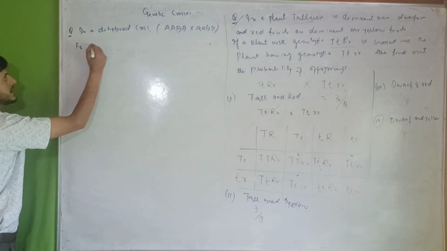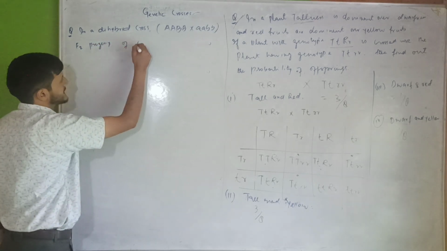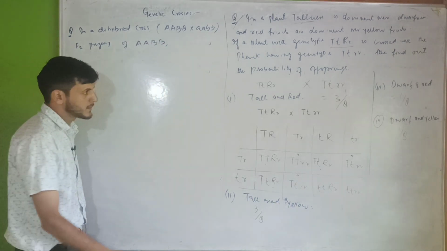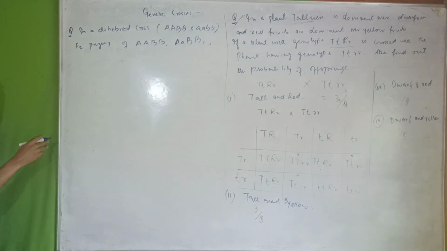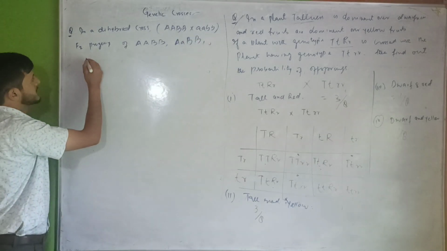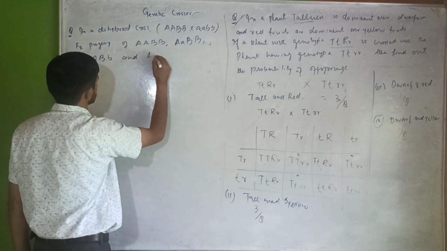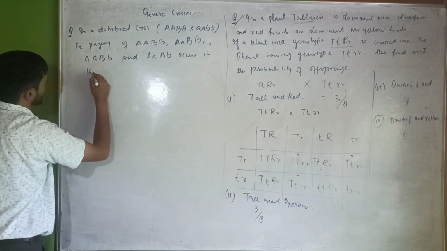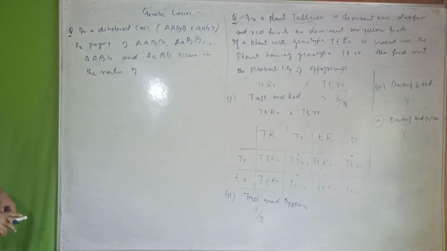The F2 progeny of capital A capital A capital B capital B, capital A capital A capital B small b, capital A small a capital B capital B, and capital A small a capital B small b occur in the ratio of... We have to find out the ratio between these four.